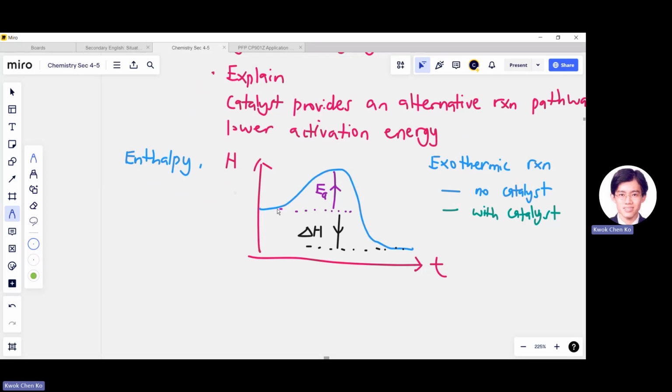So your new graph is going to look like this. Just one of the small things. So notice what happened to the activation energy. But they'll ask you to draw the graph, so you better know how to draw.